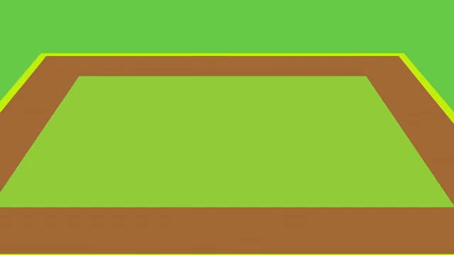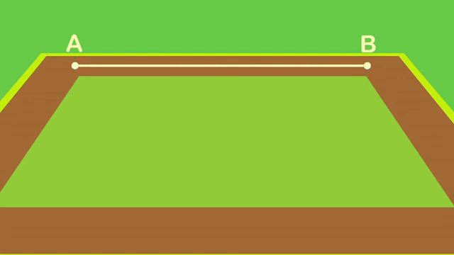So, let's say this point is point A and the other end is point B. Now, let us take these 2 points and join them along a straight path. The straight path drawn to join 2 points is called a line segment. It has 2 endpoints and a fixed length which can be measured.